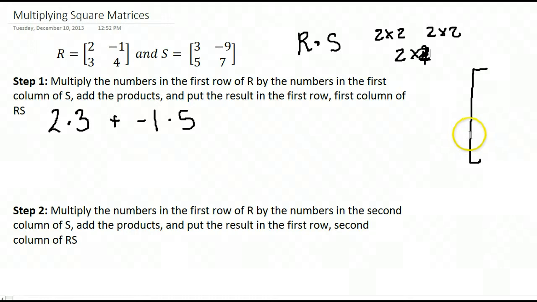We have our first row of R, 2 and -1, and our first column of S, 3 and 5. The first thing we do is 2 times 3, and then we add to that -1 times 5. And that becomes the first element in the answer matrix. So we have 6 plus -5.